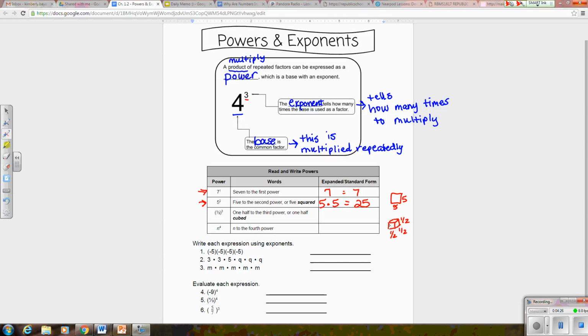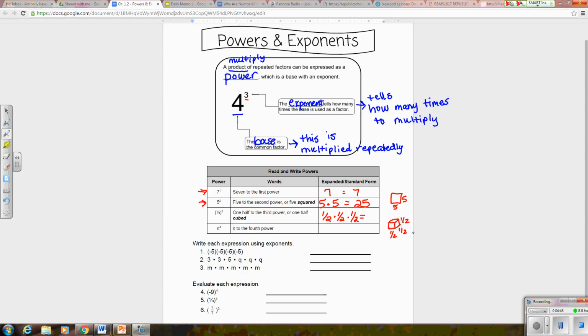So to multiply those together, we would do 1/2 times 1/2 times 1/2. That's the expanded form. And that would also give us the volume of a cube, hence the term 1/2 cubed. It's a 3-dimensional shape.